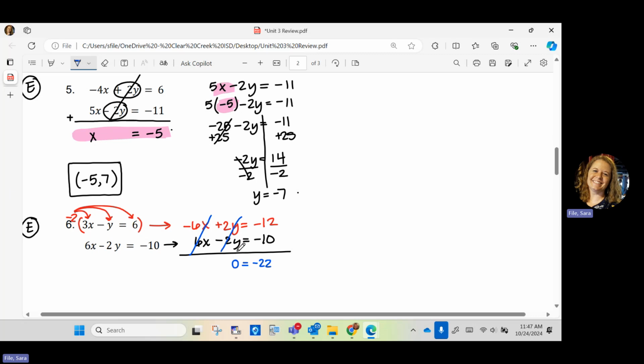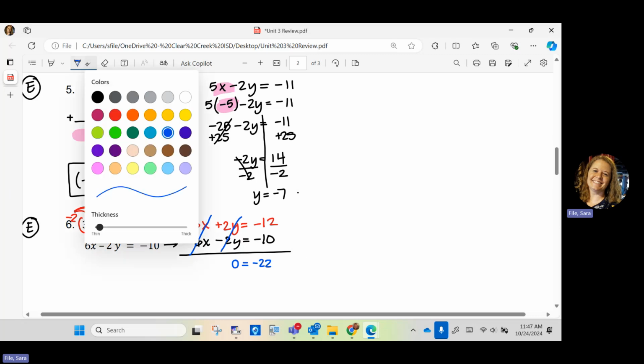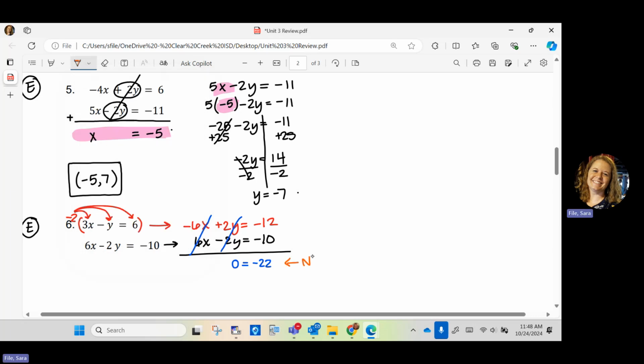Do you get a number equal to the same number? Okay, is it a true statement? This one is not true. Okay, 0 is not equal to negative 22. That is false. It is not true. So that means that there is no solution here.